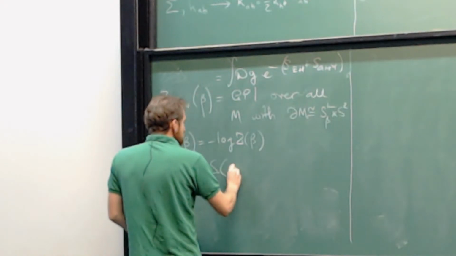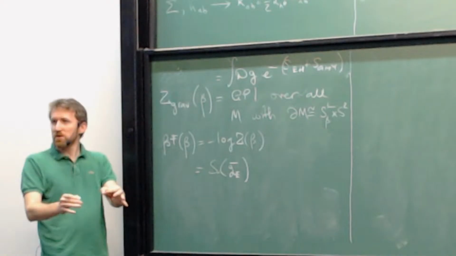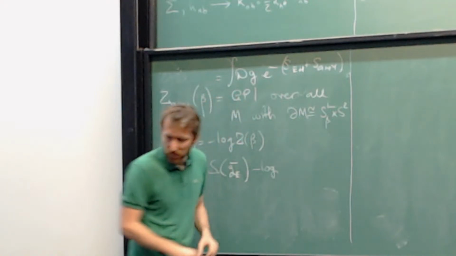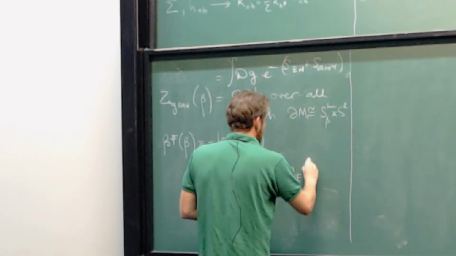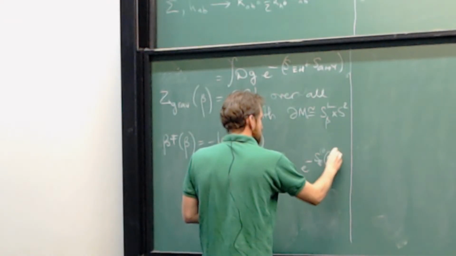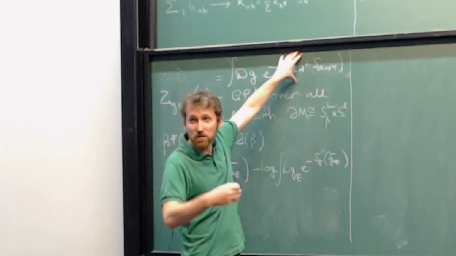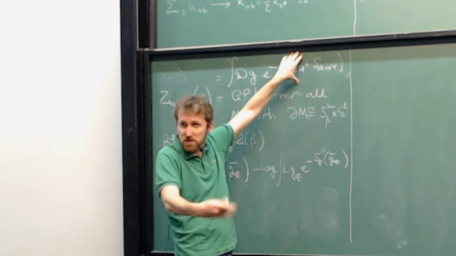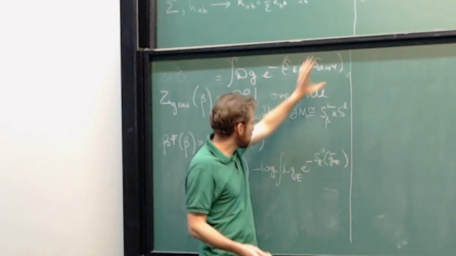So it's S evaluated on the solution to the equations of motion, minus the logarithm of the fluctuation integral of S2. So I've done an expansion of S around the saddle point. Since it's a saddle point, the first order approximation vanishes because it solves the equations of motion. And so I'm left with the second order expansion, which I've called S2.